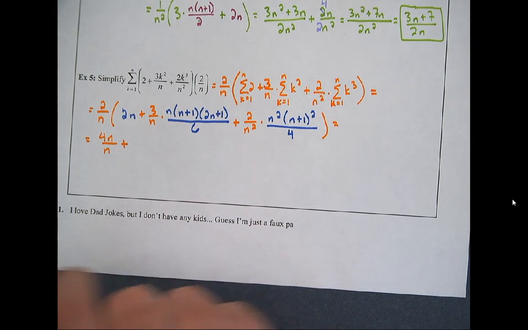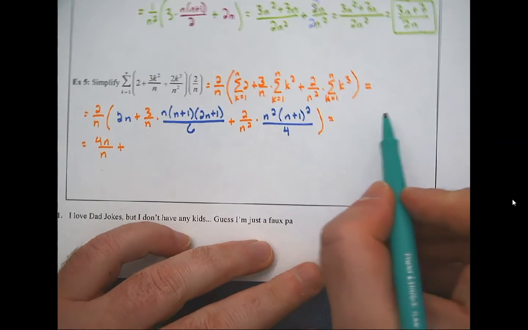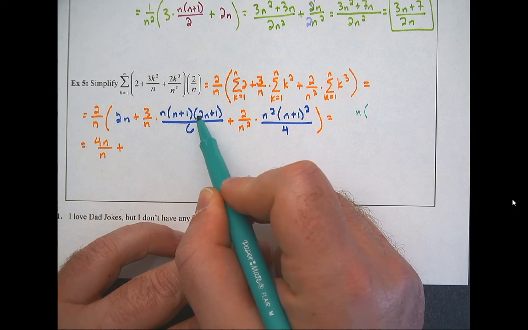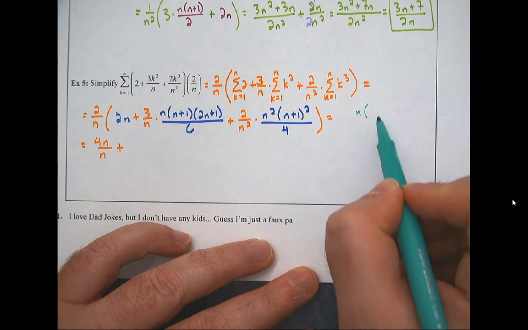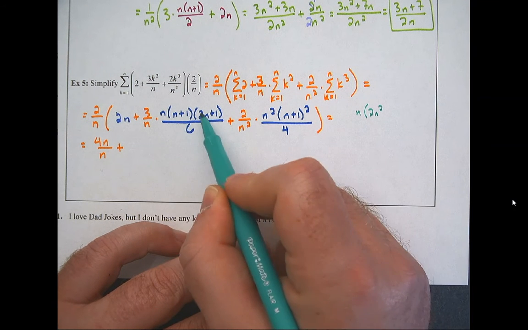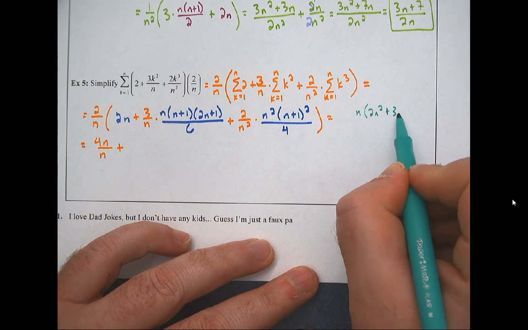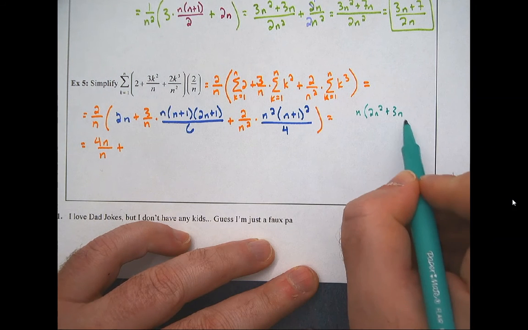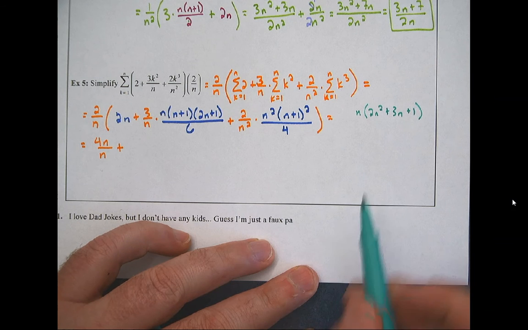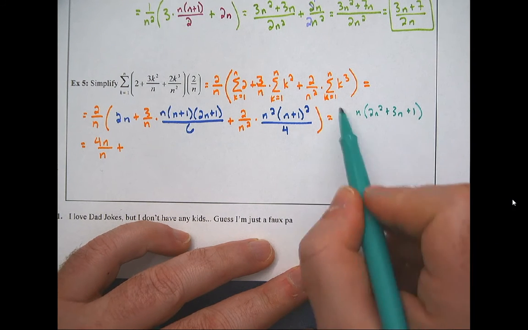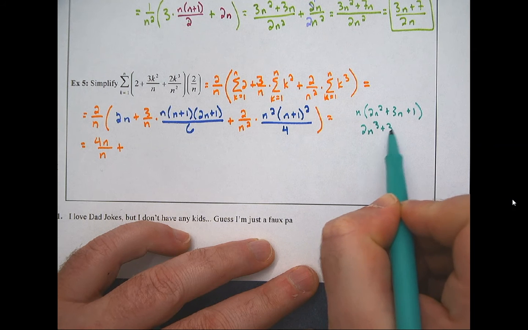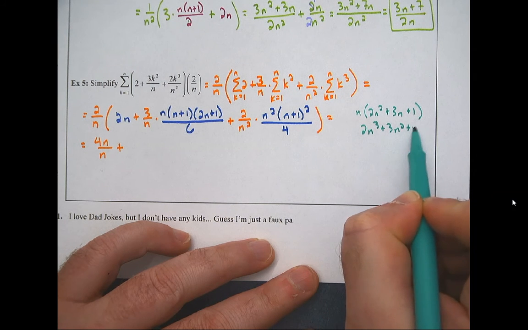So that would look something like n times, let's do n plus 1 times 2n plus 1 would be 2n squared. n plus 2n would be 3n. 1 times 1 is 1. Now I can take this n and distribute that through, so I would get 2n cubed plus 3n squared plus n.